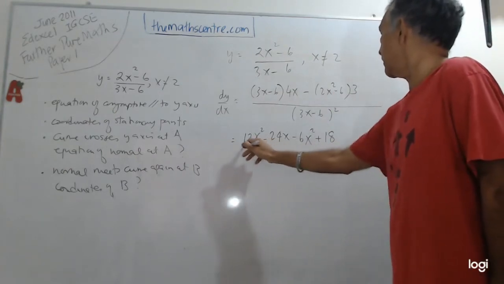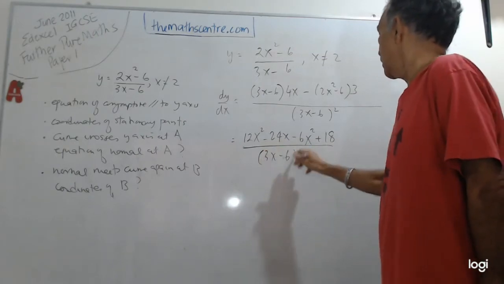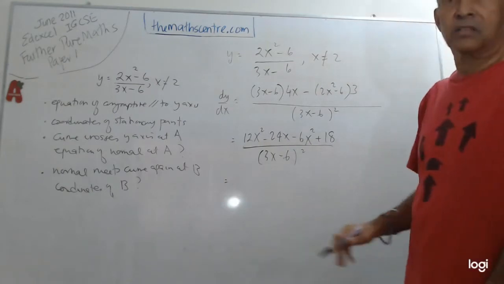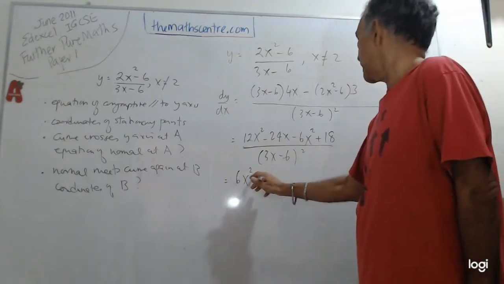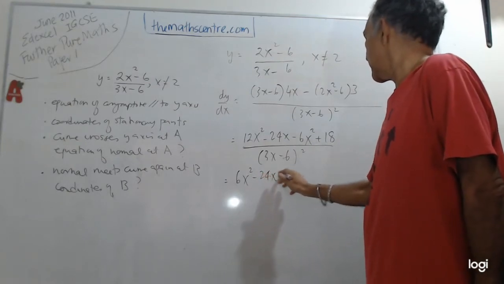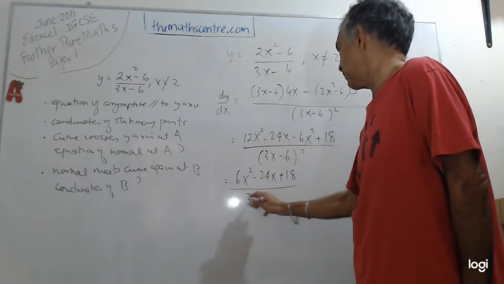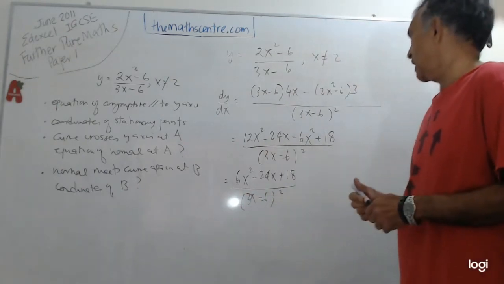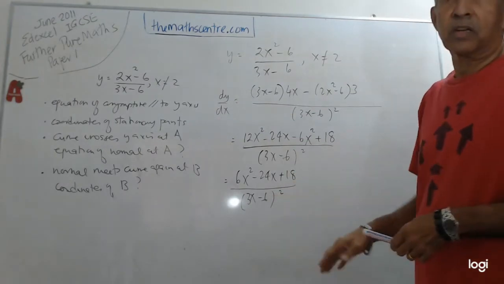And the whole thing is over (3x minus 6) squared. So 12x squared minus 6x squared is 6x squared, minus 24x plus 18, the whole thing over (3x minus 6) squared.